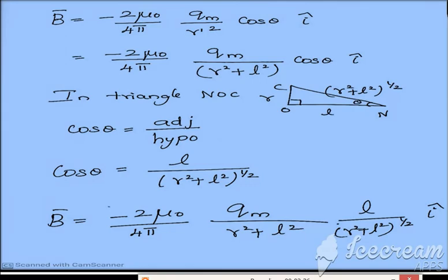Here this is of the power 1, but here this is of the power 1 by 2. So when you multiply this, the powers get added. So 1 plus 1 by 2 becomes 3 by 2. That will be in the next step.